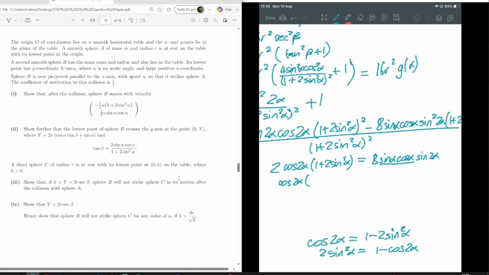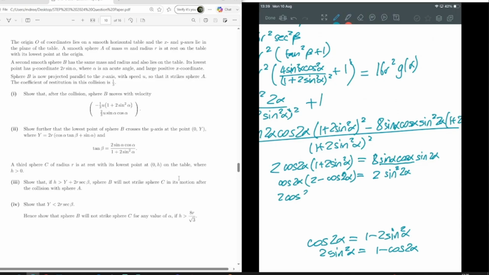That's going to be 2 minus cos 2 alpha equals, and on this side 2 is cancelled. One of the 2's I'm going to use in with the sine 2 alpha, and this looks horrendous. Oh, this is now sine squared 2 alpha. So I can make this completely into a quadratic in cos 2 alpha.